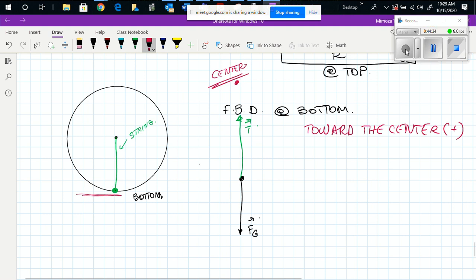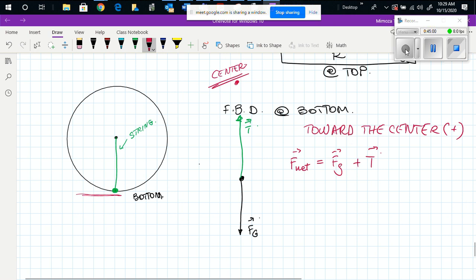So therefore, toward the center is important, and we call it positive. Now, force net is always the vectorial sum of all the forces that the object is experiencing. And in this case, we have only those two forces, force of gravity and tension.